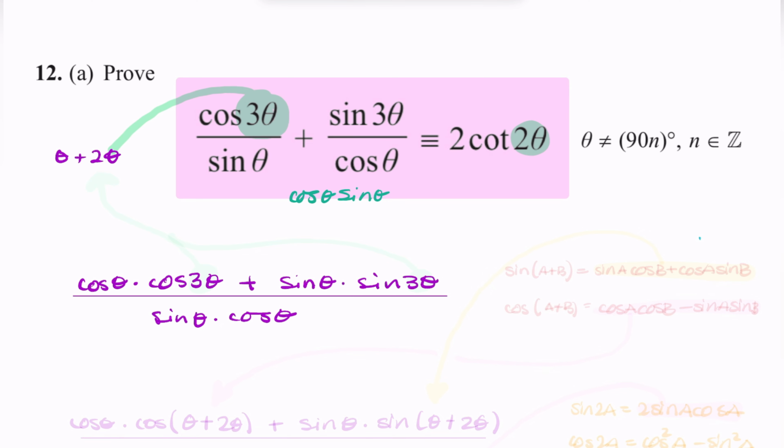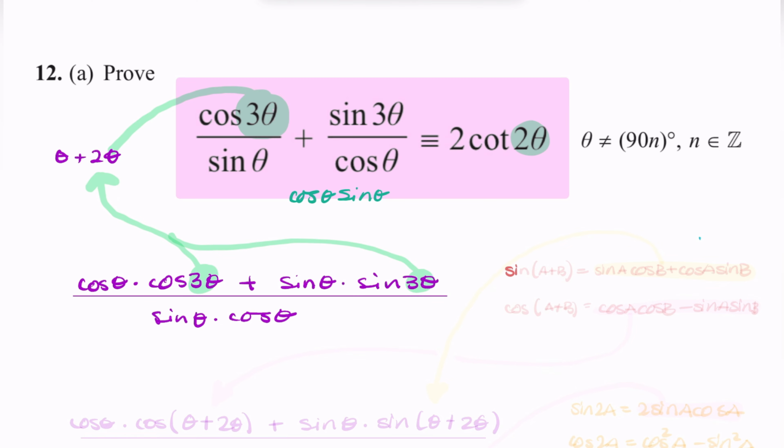Now that looks like it can take us somewhere, because now, remember, we can represent 3 theta as theta plus 2 theta. And then we can use the sum formulas. So just let me remind you of the sum formulas.